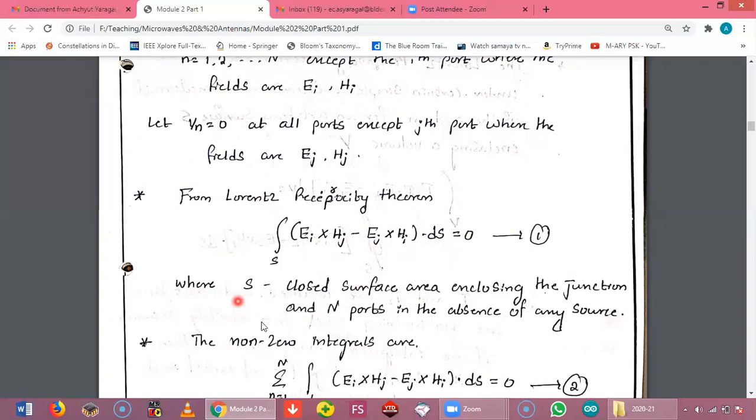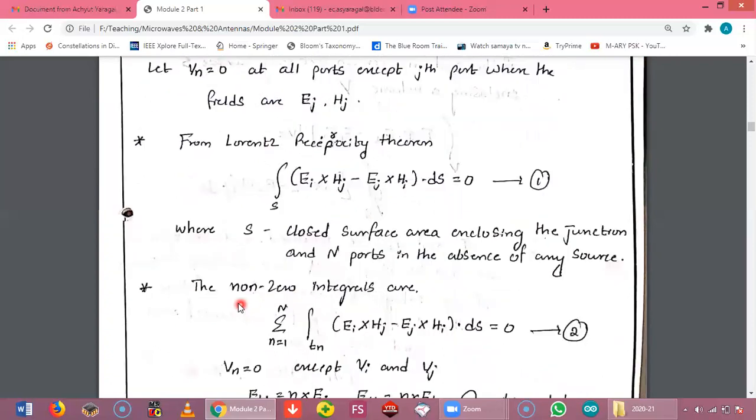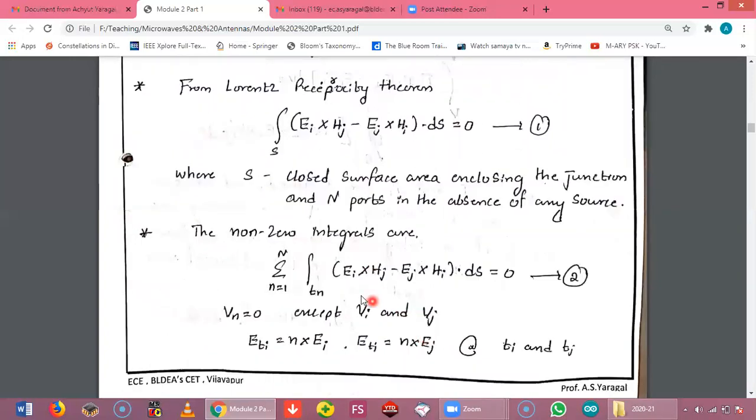What is S? S is the closed surface enclosing the junction and endpoints, in the absence of any source. Now the next point is the non-zero integrals.